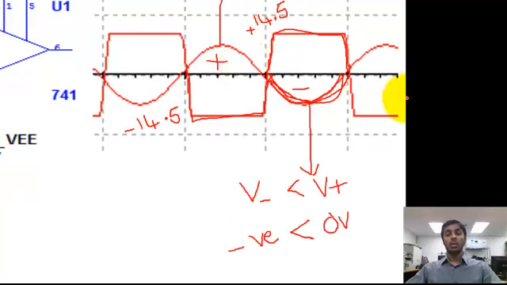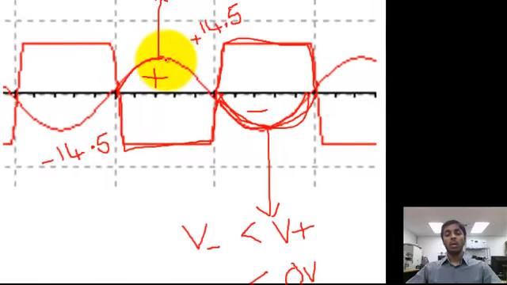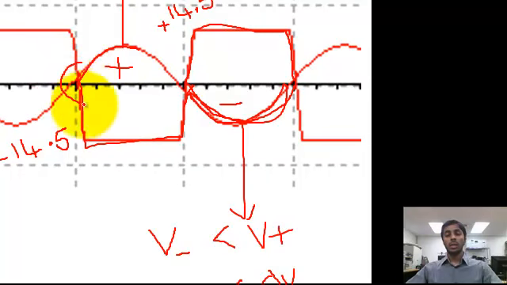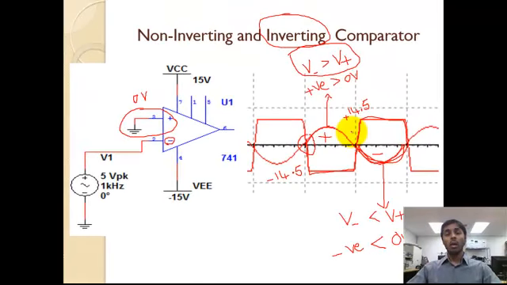Here, in the inverting comparator, when the input signal is going higher, the output signal is getting lower, so exactly opposite, a 180 degree phase shift. As you recall, in an inverting amplifier the output is always 180 degrees out of phase. If it's non-inverting, the output is in phase with the input signal.